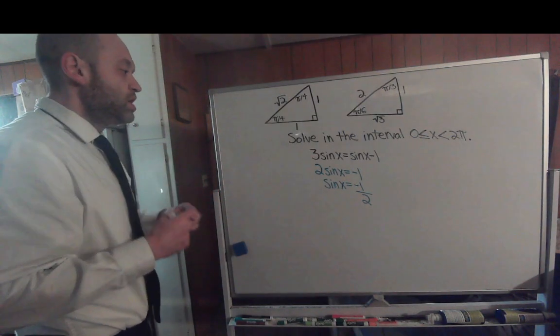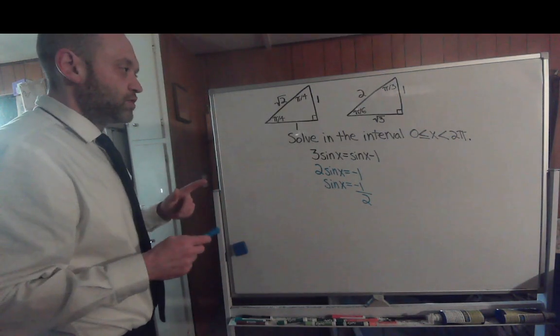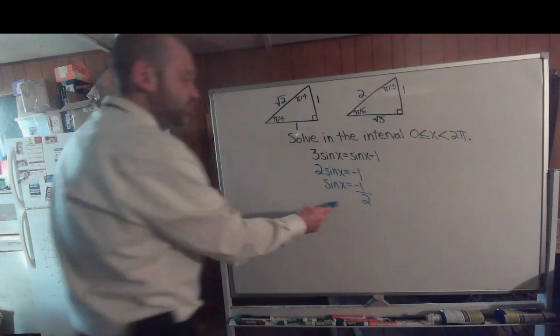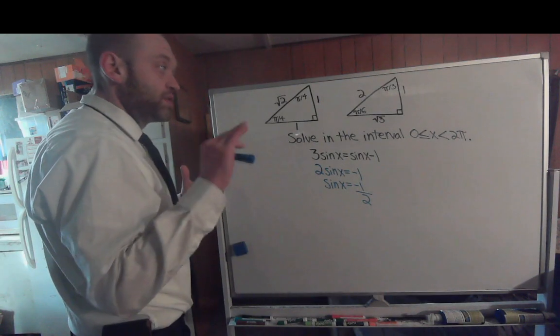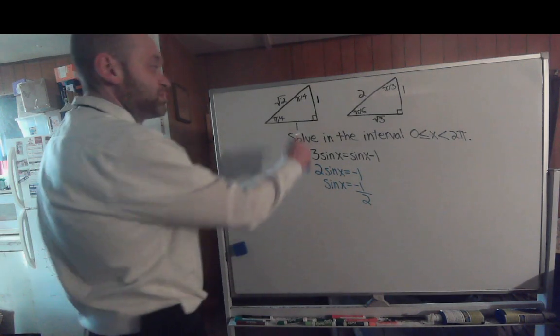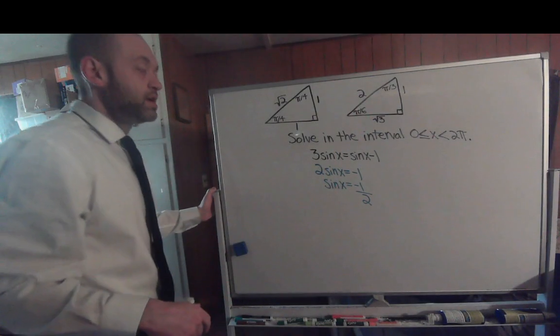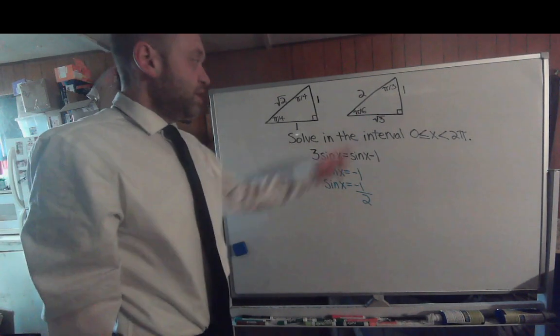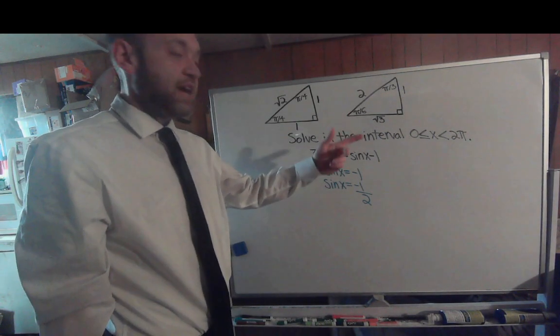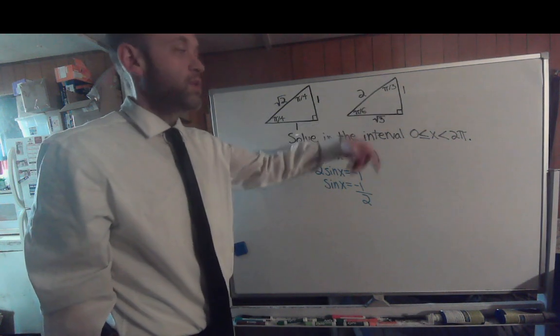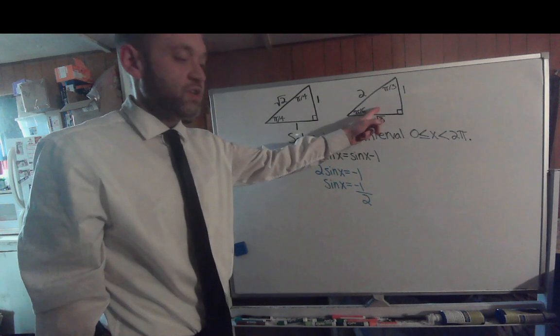Now, where in the interval from 0 to 2 pi would you get a sine of x equal to negative 1/2? So this is where your special triangles come in. So pi over 6 being 30, pi over 3 being 60. So basically I have a 30, 60, 90 triangle here, but in radians instead of in degrees.